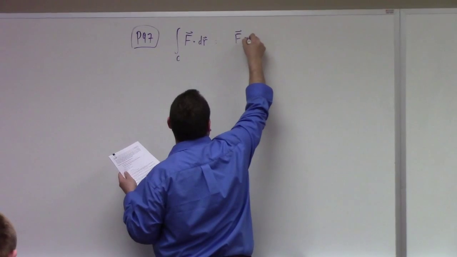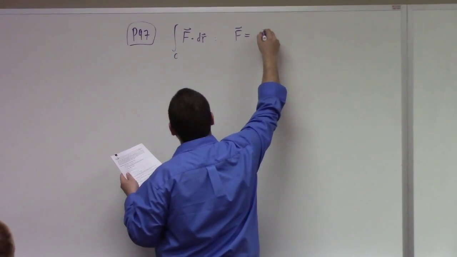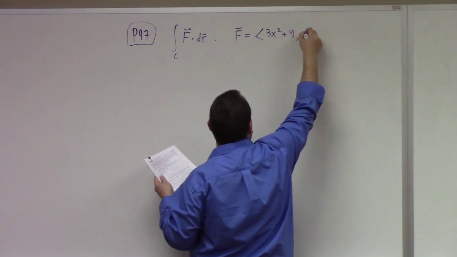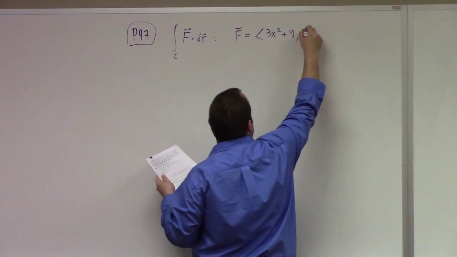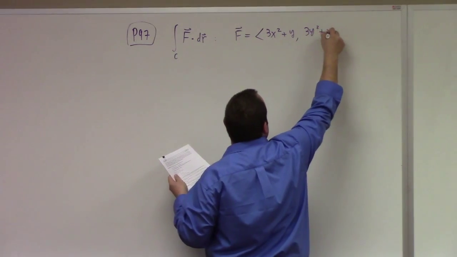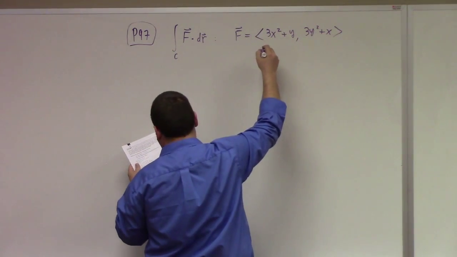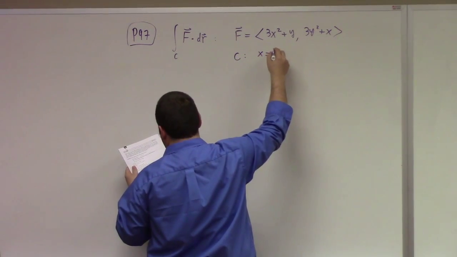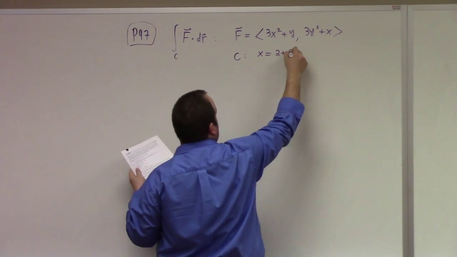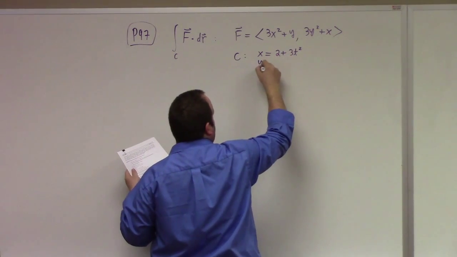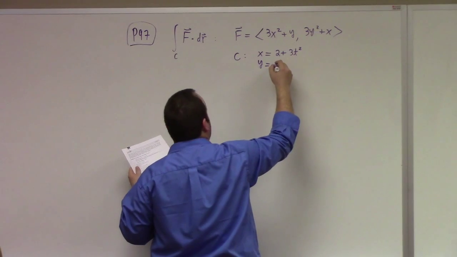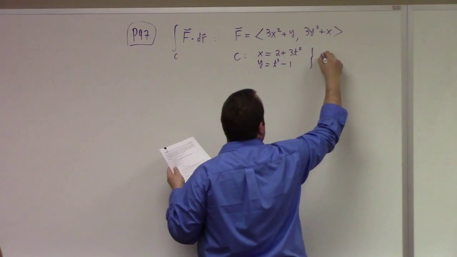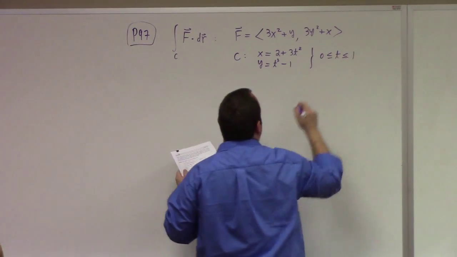so F is equal to (3x squared plus y, 3y squared plus x), and you're given that the curve has x equals 2 plus 3t squared, and y is equal to t cubed minus 1, for 0 less than or equal to t less than or equal to 1.